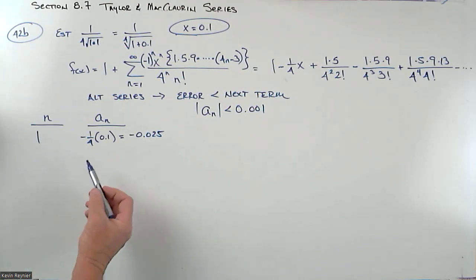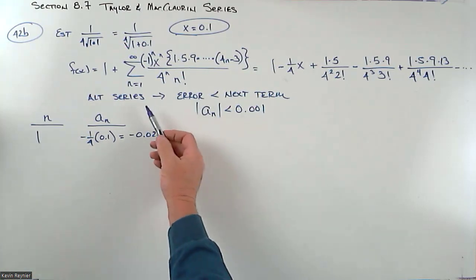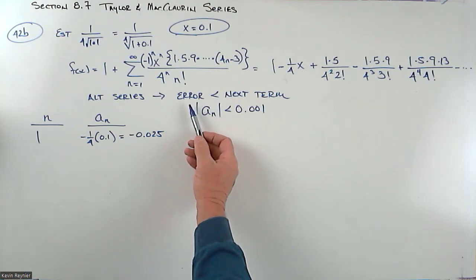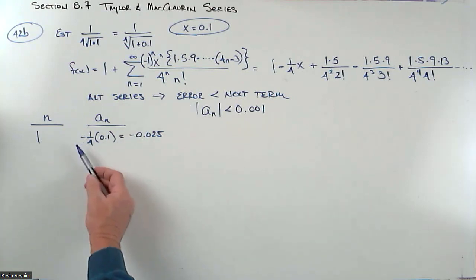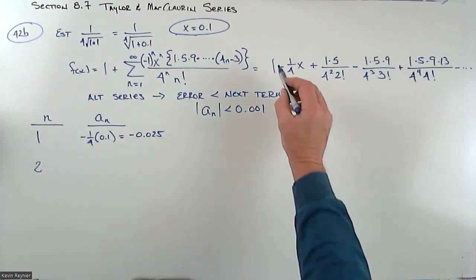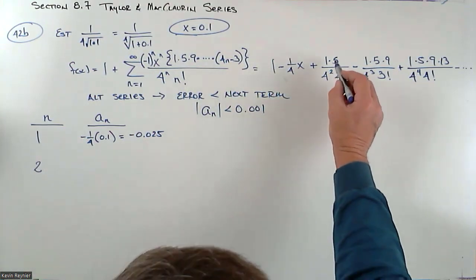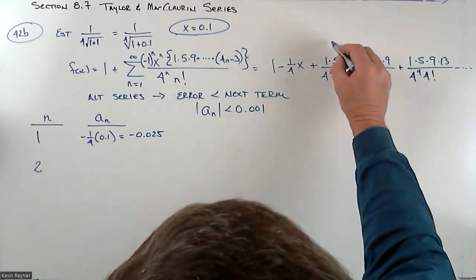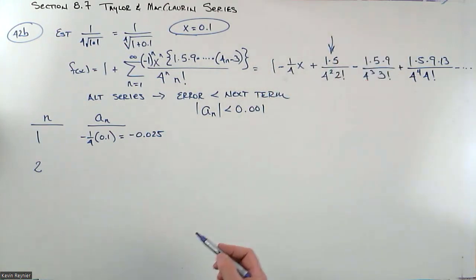So when n is 1, the error is smaller than the next term, and that's not enough. So if n is 2, we have to do 2 terms. We're not adding them up here, we're just trying to figure out what the error would be if n is 2.